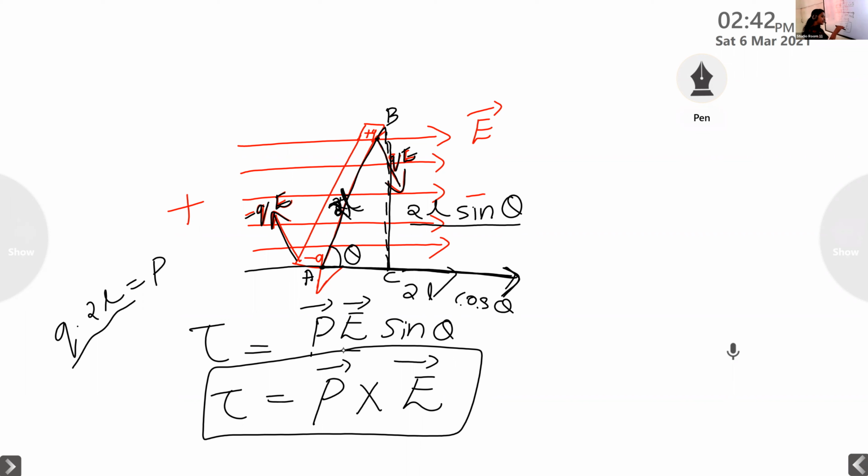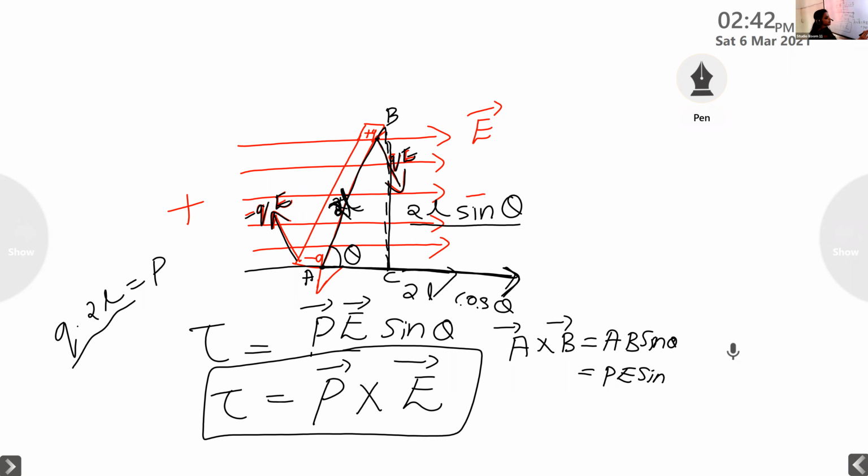In plus one we already studied that in the cross product, vector A cross vector B is equal to AB sin theta. Here instead of A and B we have P and E, so we have PE sin theta.